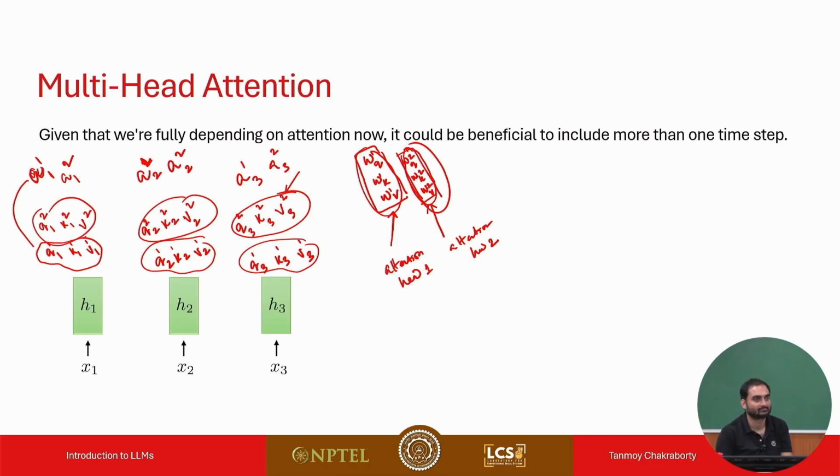There are two attention heads, so every attention head will produce an attention vector.